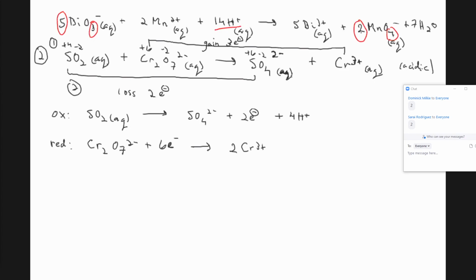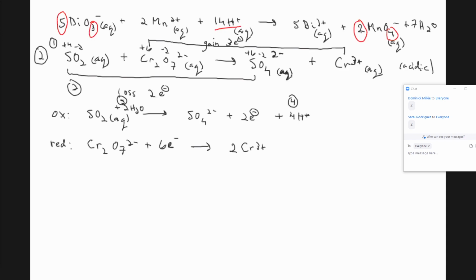So you see? -4 plus 4 gives me 0, which is what the charge is on the right-hand side. And then now we have 4 hydrogens, 4 oxygens here, 2 oxygens here. So we're going to add 2 waters here. This was step 4. This was step 5. Okay.